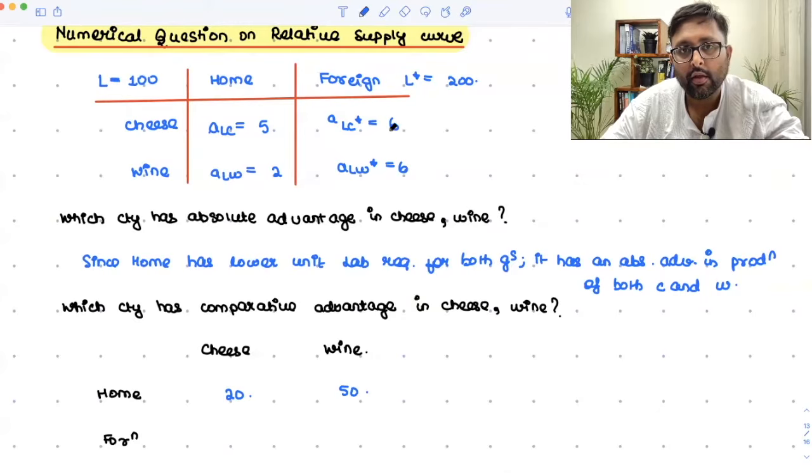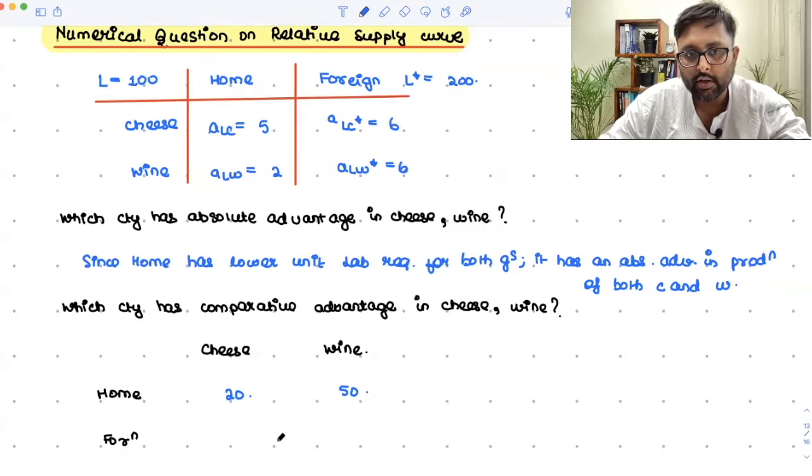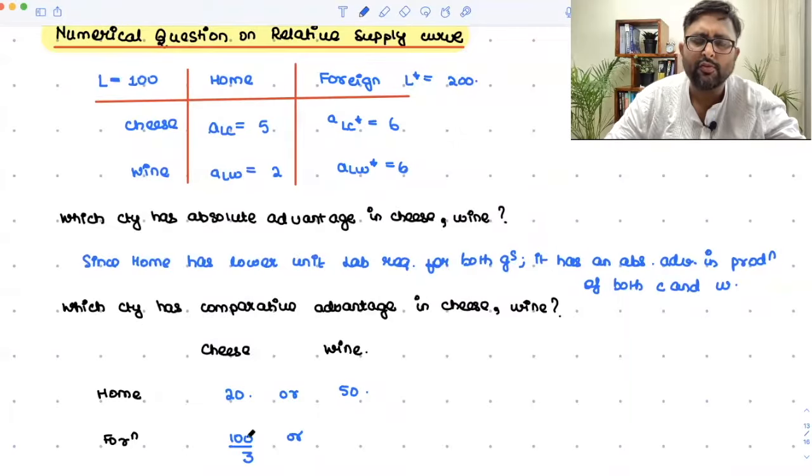Foreign country is using 6 hours of labor to produce a unit of cheese. It has 200 hours of labor as an endowment. So it can produce 200 upon 6 units of cheese, or 100 upon 3 units of cheese. This is useful for me when I'll be drawing the PPF.